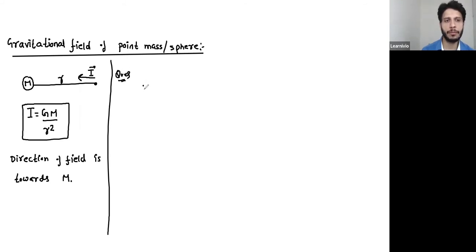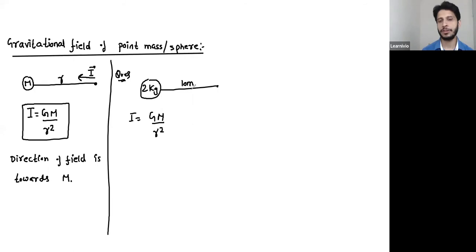So we can do a simple problem on the same concept. Let's say you have a mass of 2 kg and I ask you to calculate the field at a distance of 10 meter from the point mass. Then at a distance of 10 meter from the point mass, the expression of field is GM over R square. If I substitute the values, your G is 6.67 into 10 raised to the power minus 11, capital M is 2 kg, R square is 10 square.